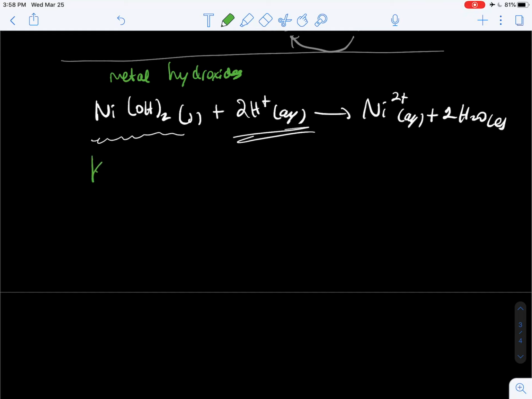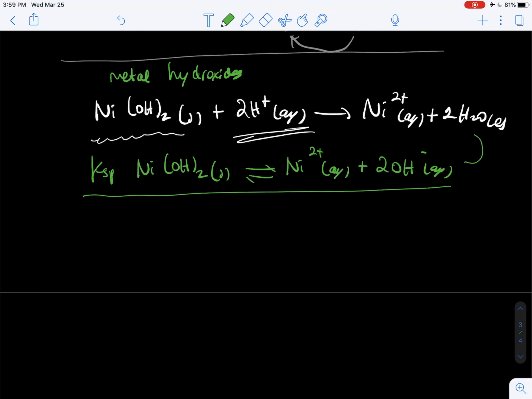So we know the KSP for nickel hydroxide, and what do we do to this equation in green to make it look like that?